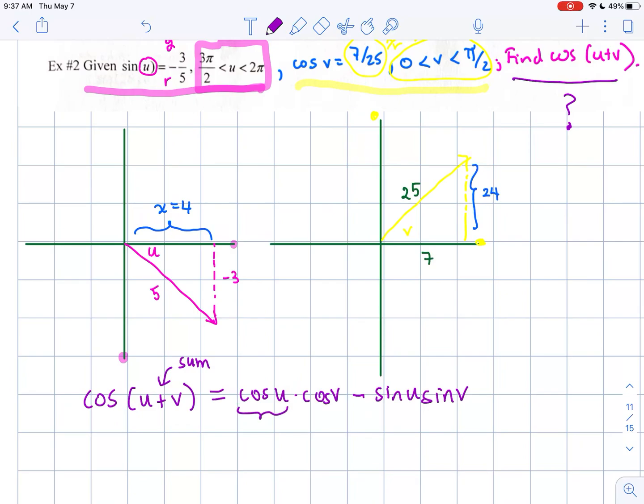And so how do we do this? Cosine of u. You go back to your triangle with the reference angle of u, and you do adjacent over hypotenuse, so that gets me 4/5. Adjacent over hypotenuse of the now yellow triangle V, angle V is, sorry, 7 over 25, because you have the adjacent being 7, the hypotenuse being 25, and then minus sine of u, sine of v.